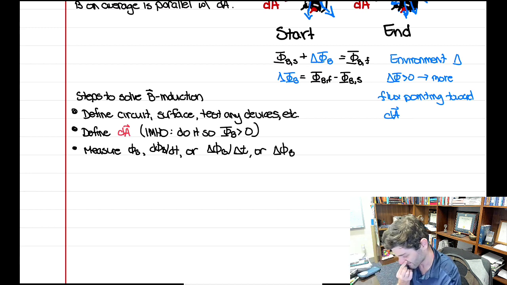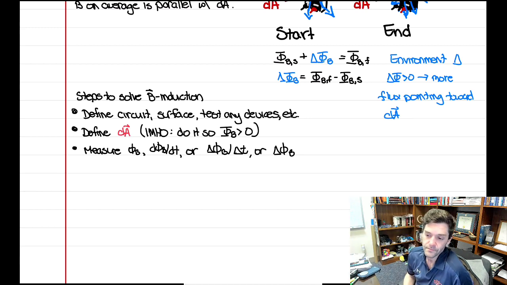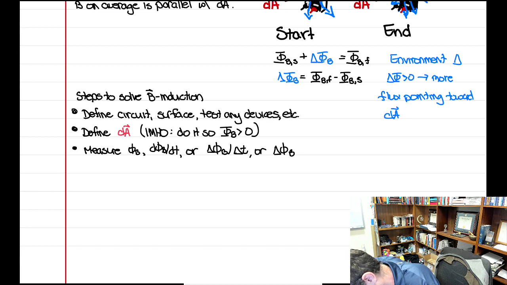Is the flux increasing or decreasing over some amount of time, which if you knew that amount of time, you could divide by it. But maybe you just really care about the numerator. And again, remembering that a delta phi that's positive is pointing in the direction of dA.